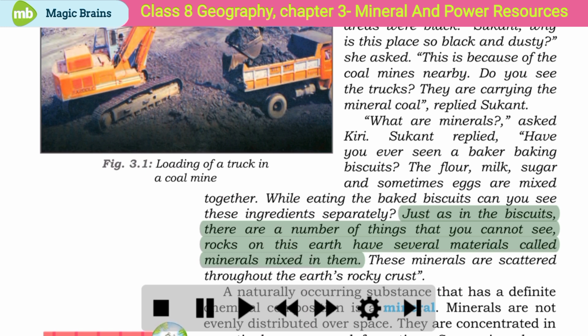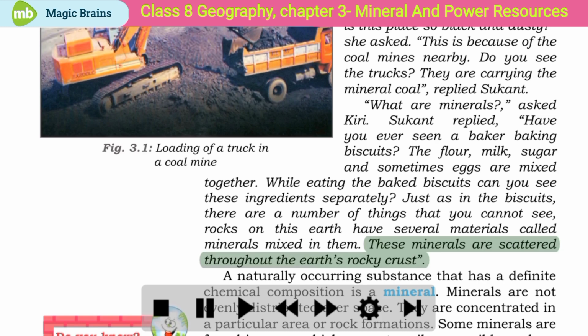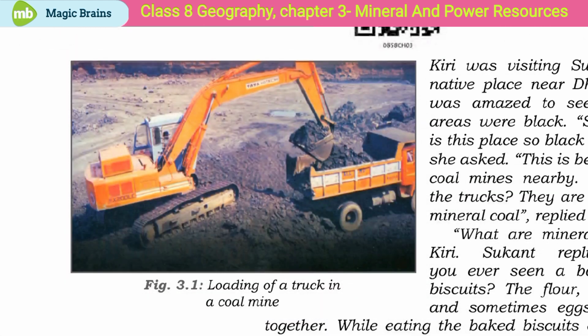Rocks on this earth have several materials called minerals mixed in them. These minerals are scattered throughout the earth's rocky crust." On the top left, there is a figure 3.1 which shows loading of a truck in a coal mine.